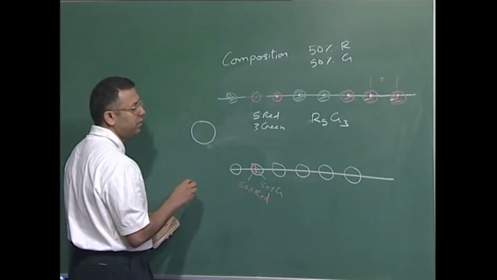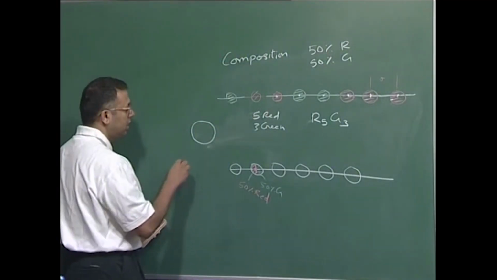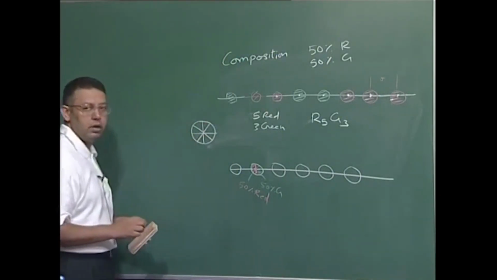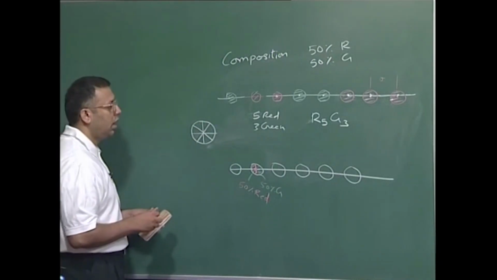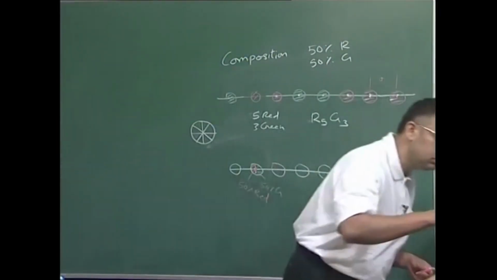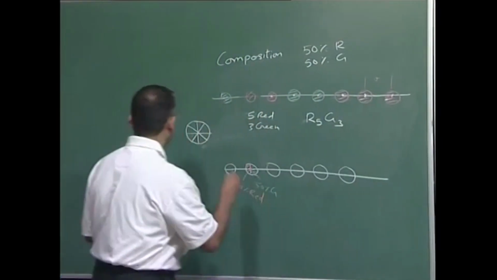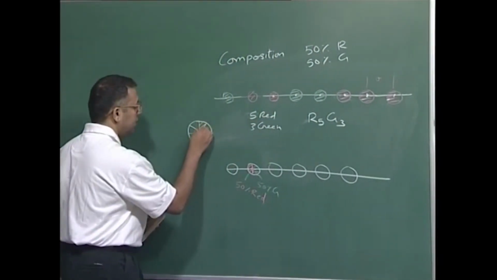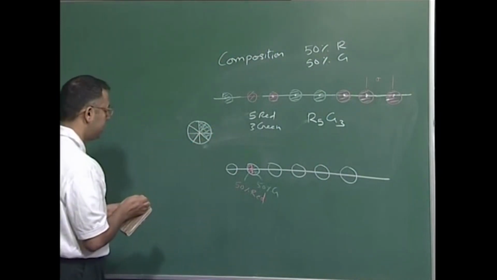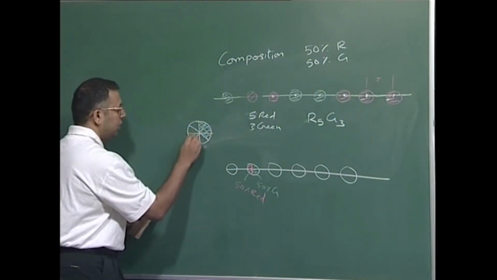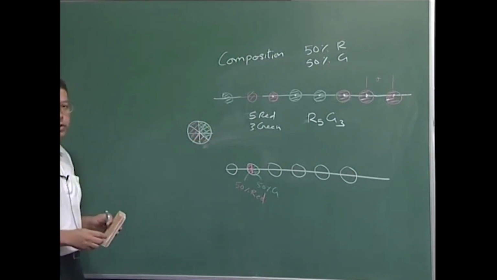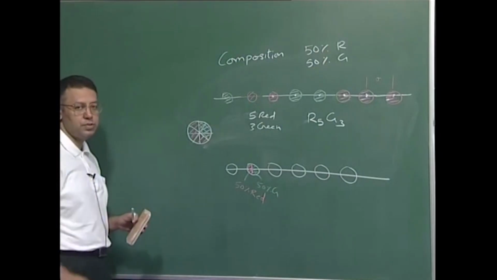I will have to divide it into 5 plus 3, 8 parts. My chance of finding green is 3, so I will mark 1, 2, 3 of these in green, and the remaining 1, 2, 3, 4, 5 is my red. So, this is my probabilistic occupation of a single lattice point.